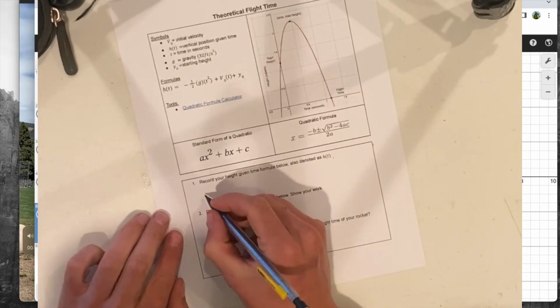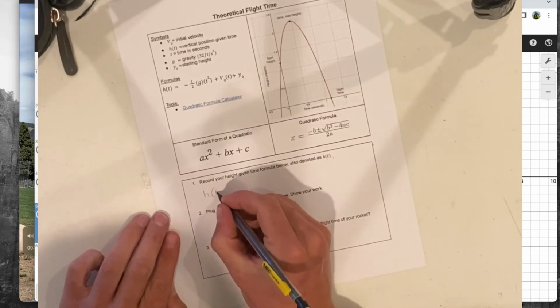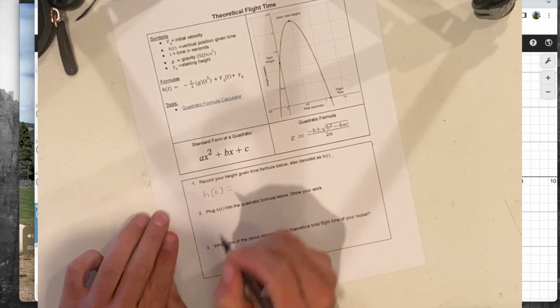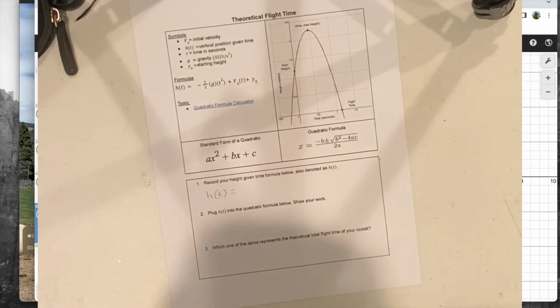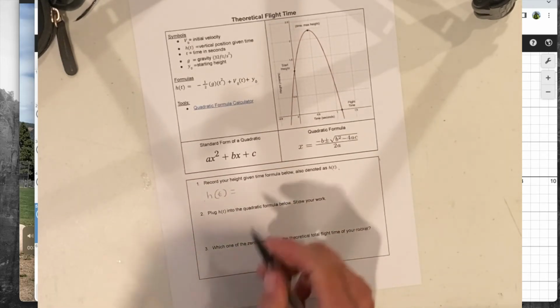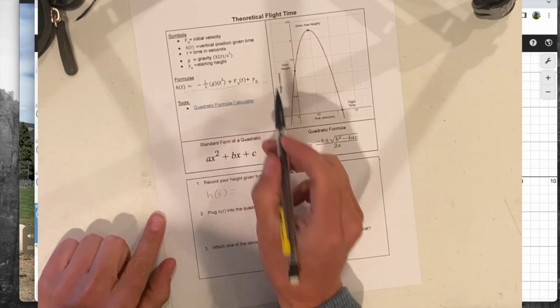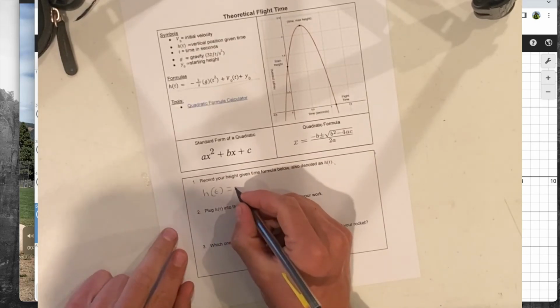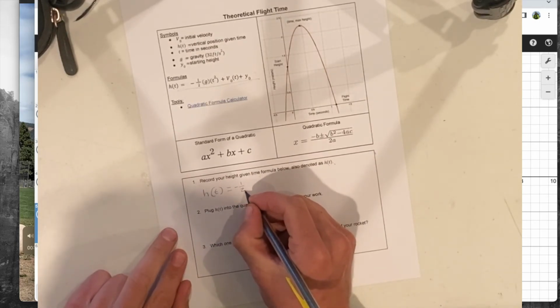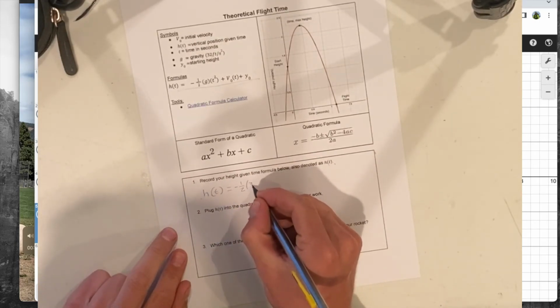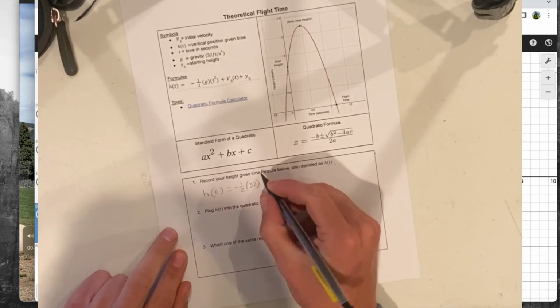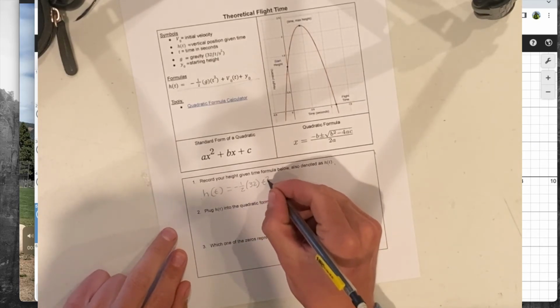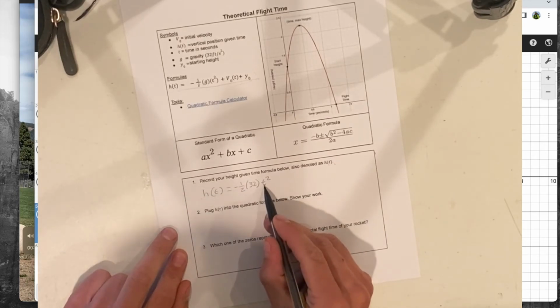So I'm going to write h of t equals, and then plug in all of the things I know. This is the height formula, and I'm just plugging in all the stuff I know. So this is minus 1/2 times gravity, which is 32, and then we have a t squared. That's going to stay as t squared.